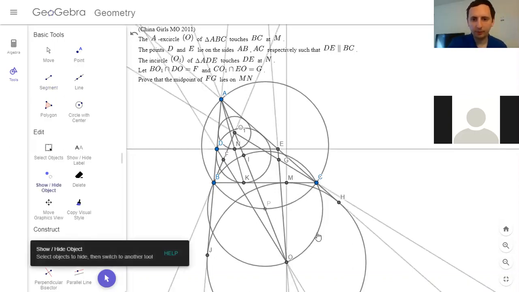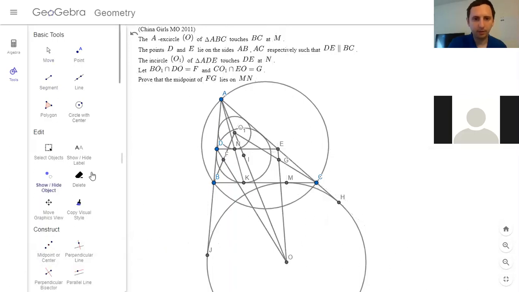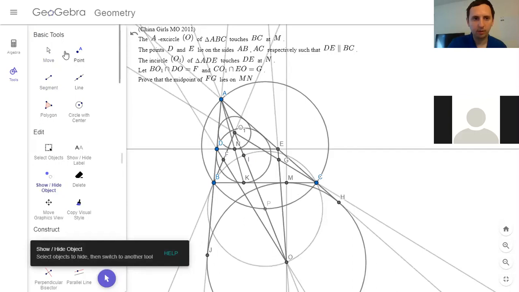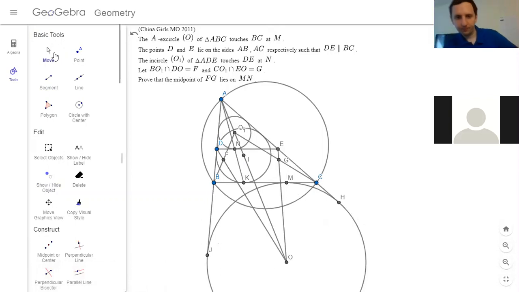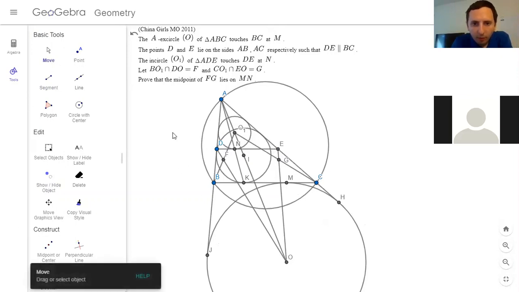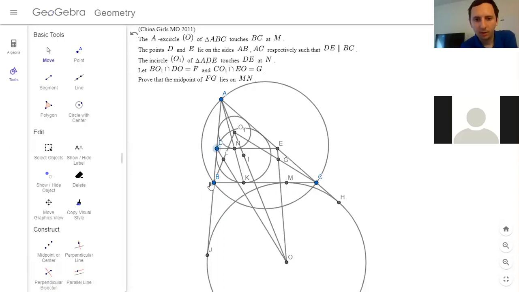Maybe I should just hide that circle for now. I'm going to keep the end circle. As we move, I think FG is parallel to DE.